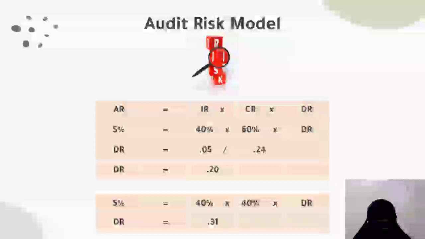This is because the internal control structure in the first example is more risky than it is in the second case. So now, how are we going to achieve that planned detection risk of 20%? In the first example, the auditor will need to perform more substantive tests than in the second example where the risk is lower.